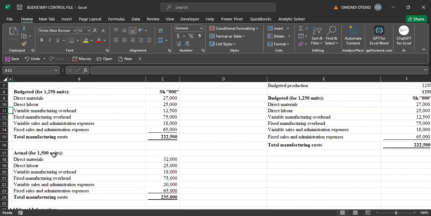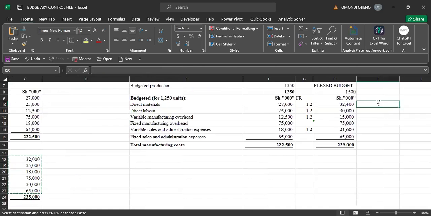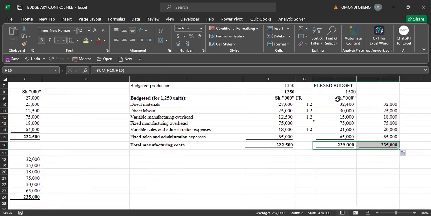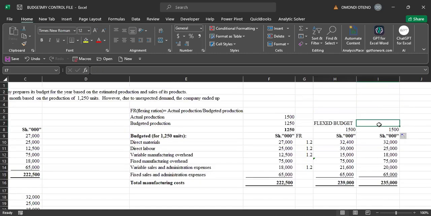So what we need to do is take these costs and transfer them to this particular section, actual results. So we can now comfortably compare the flexed budget of 1,500 units and actual results.